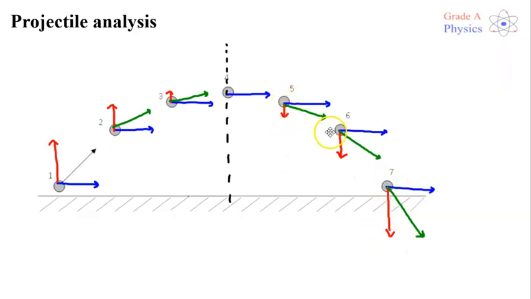And we have a bit of similarity here, it's not quite symmetry, but the value of the vertical component velocity in position 1 is the same as the final vertical component over here. Similarly, position 2 and 6, same magnitude, different direction. So this is just as if you've got a ball and thrown it vertically upwards. Its maximum velocity to start with, reduces to 0, and then changes direction, and then comes back down vertically.